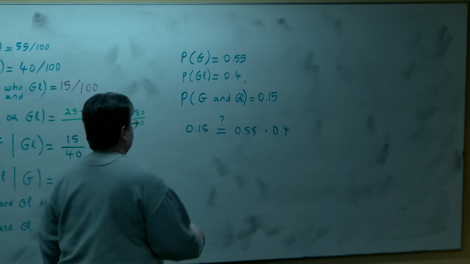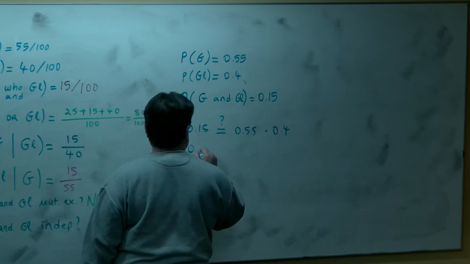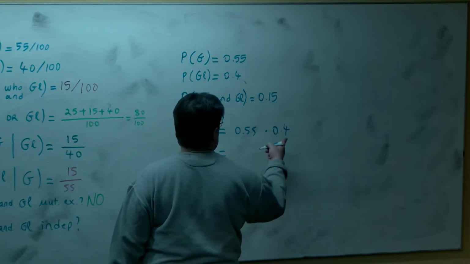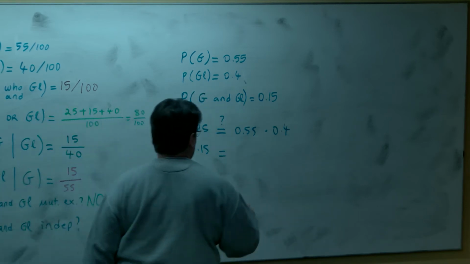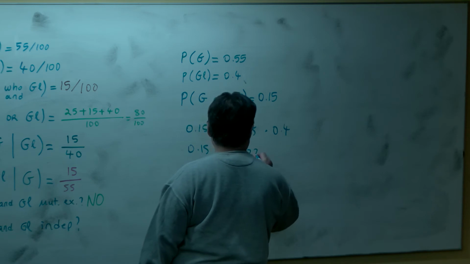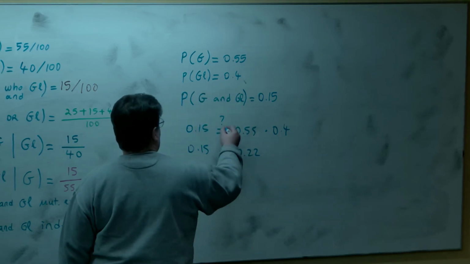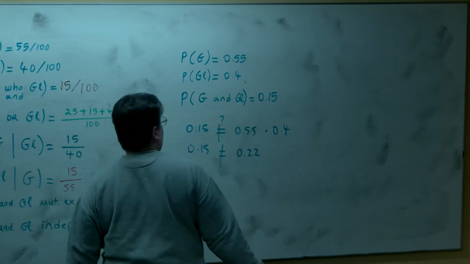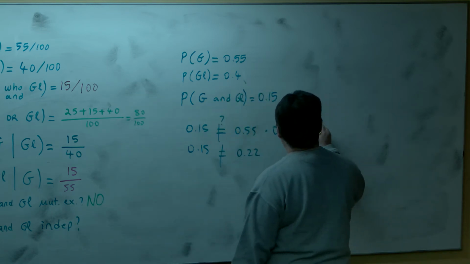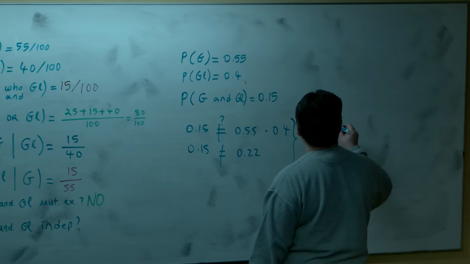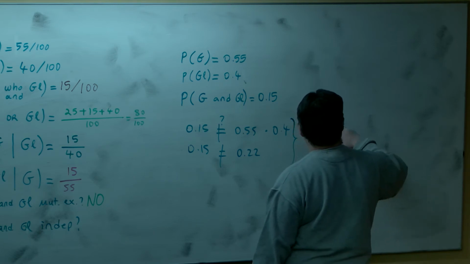On the left-hand side, we have 0.15. On the right-hand side, when we multiply this by 0.4, we get 0.22. These are not equal. Therefore, the events of being a girl or wearing glasses is not independent.